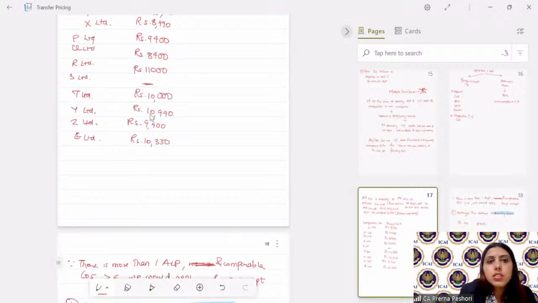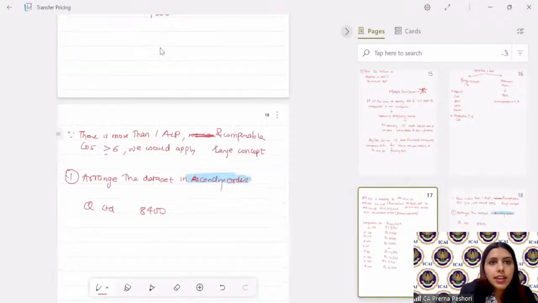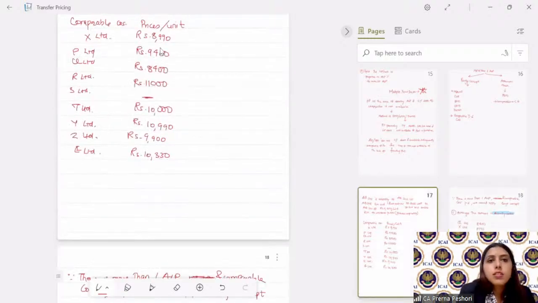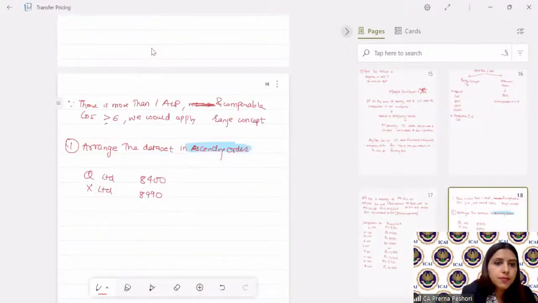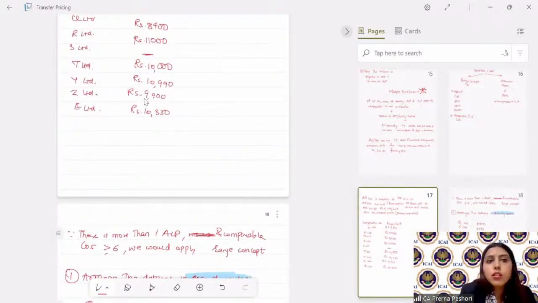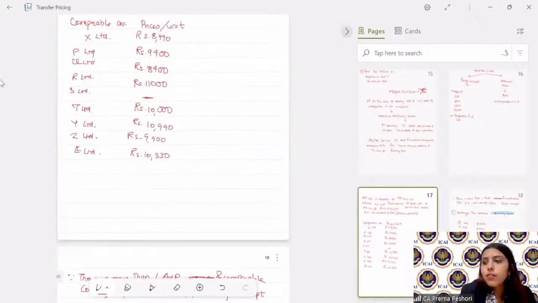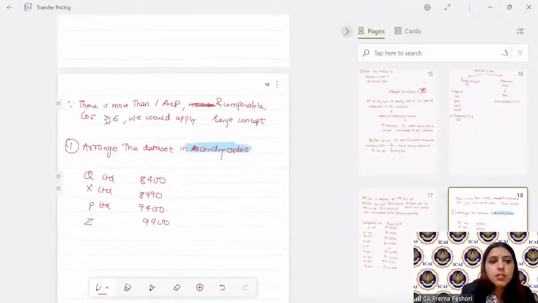Next company is 8,990, X Limited. Next company is 9,400, P Limited. Next is 9,900, Z. Next we have 10,000, T Limited.